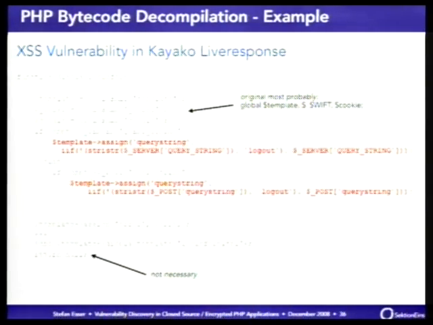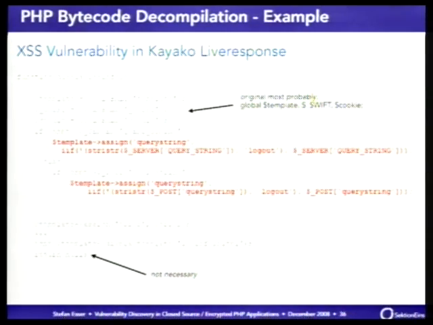Actually, he was very wrong. There was a cross-site scripting vulnerability in it, which you see marked red. It outputs the query string and a POST variable called query string directly to the template, and usually this needs to be encoded for HTML. And it's not done here, so it's an XSS vulnerability.